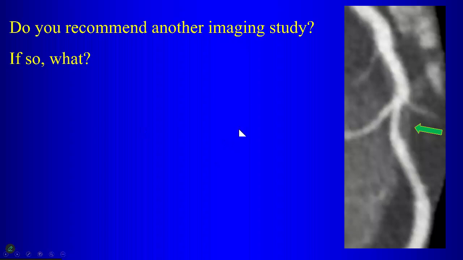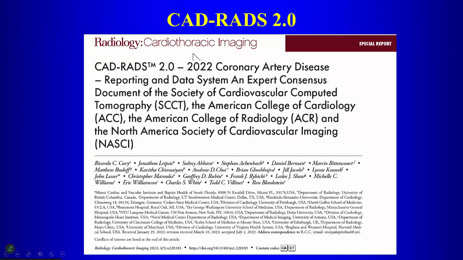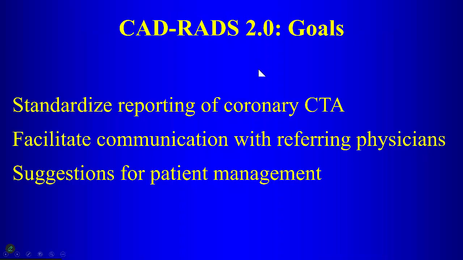One of the advantages of all of these scoring systems is that it does tell you what the workup should be for the patient. So CAD RADS 2.0 is the newest version of this. What are the goals of this? To standardize reporting of coronary CTA, facilitate communication with referring physicians, and this is probably the most important thing as far as referring physicians are concerned: the suggestions for patient management, right?